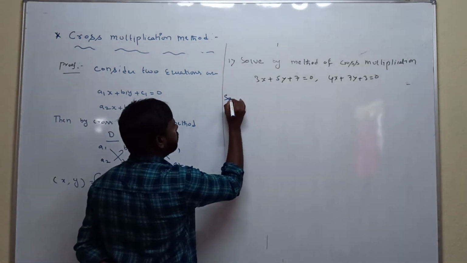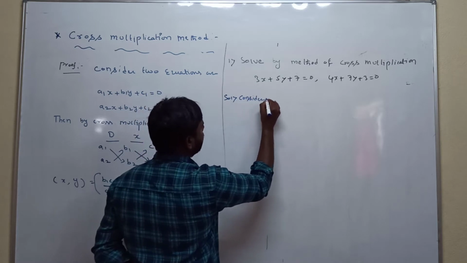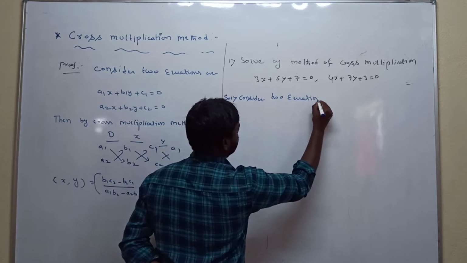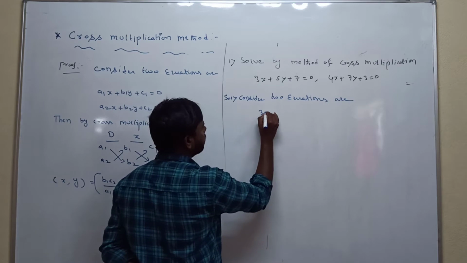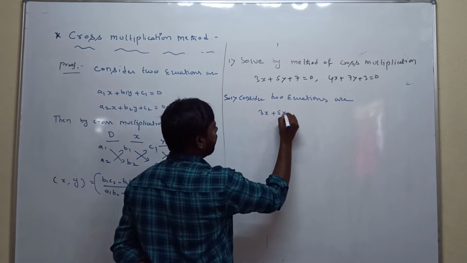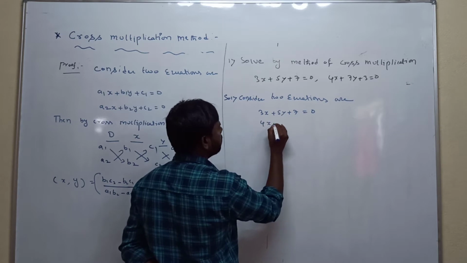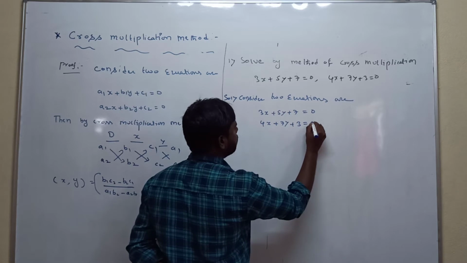So solution: consider the two given equations. The first equation is 3x plus 5y plus 7 is equal to 0. Second equation is 4x plus 7y plus 3 is equal to 0.